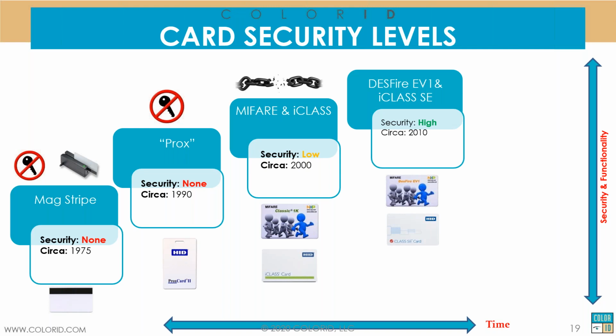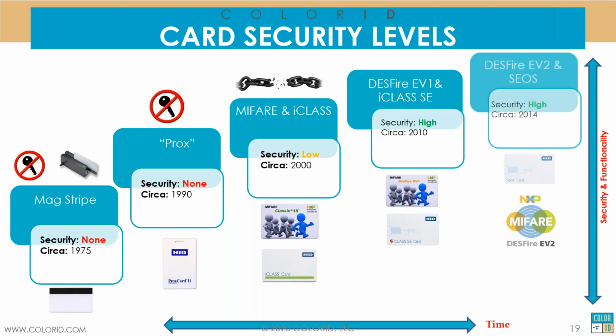And then DESFIRE EV1 and iClass SE, which is the iClass chip with the new SIO from HID, the software encryption on there, very secure cards. This was a good thing. And then EV2 and SEOS, even additional security features. So from left to right, that is how they stack up.